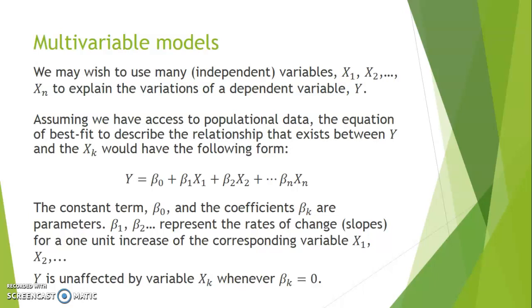As usual, you've noticed the use of Greek letters to represent populational values. The constant term beta 0 and the coefficients of the variables, beta k's, are parameters. Beta 1, beta 2, and so forth represent the rates of change, or the slopes, corresponding to a 1 unit increase in the corresponding variable x1, x2. Y is unaffected by variable xk if its coefficient is 0.